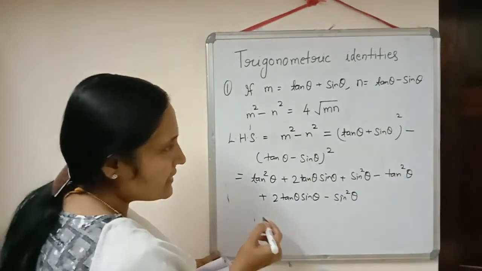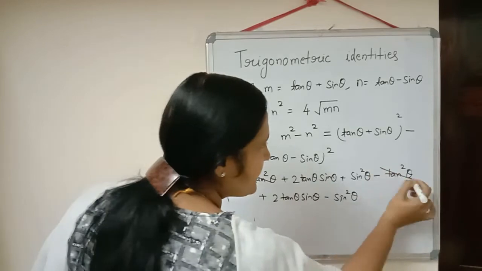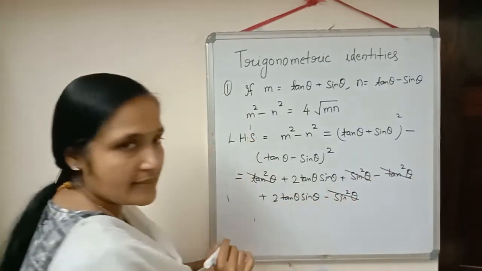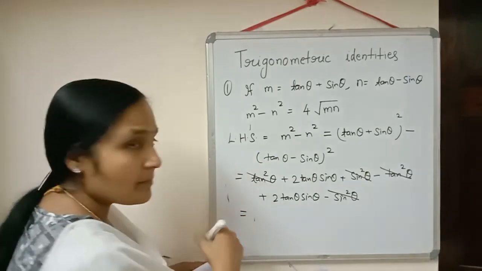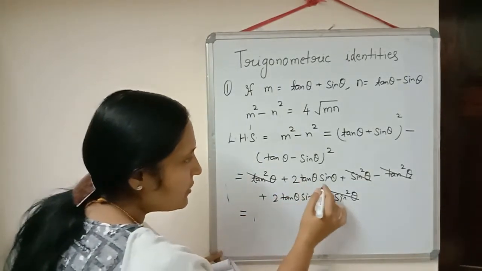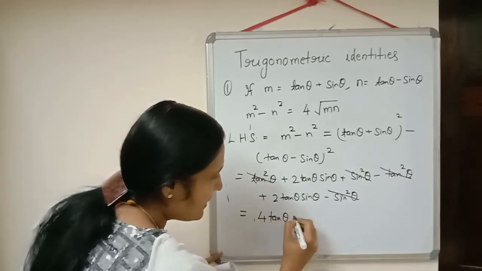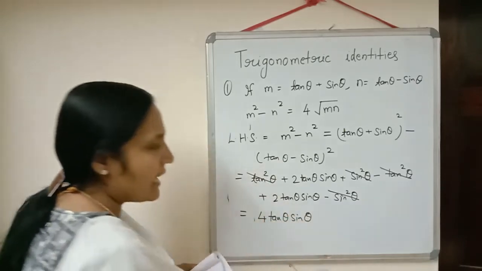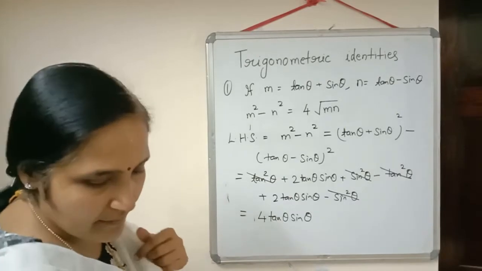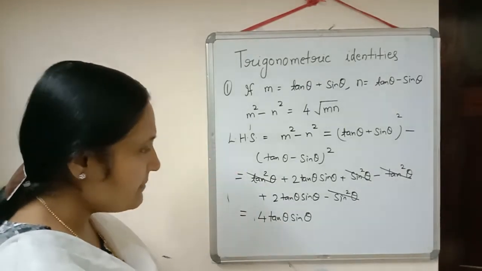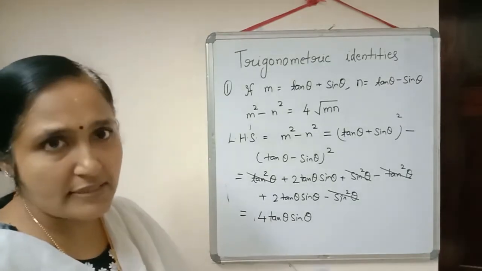So we can cancel the terms here. Tan square theta minus tan square theta cancelled. Sin square theta minus sin square theta cancelled. So remaining what we are getting here, 2 tan theta sin theta plus 2 tan theta sin theta will be equal to 4 tan theta into sin theta. So after simplifying the left hand side, we are getting 4 tan theta into sin theta.